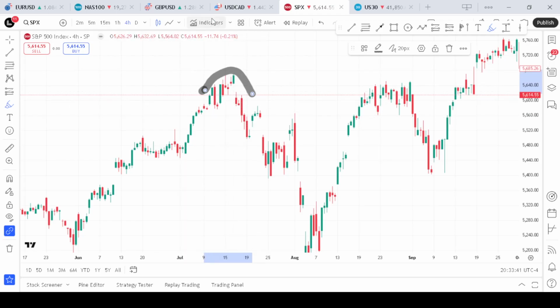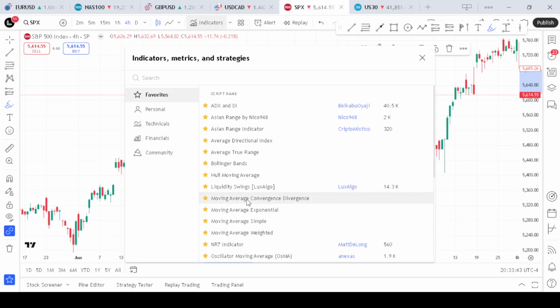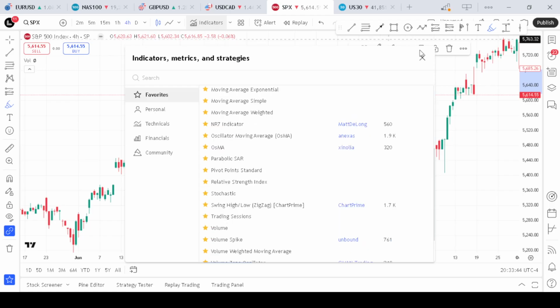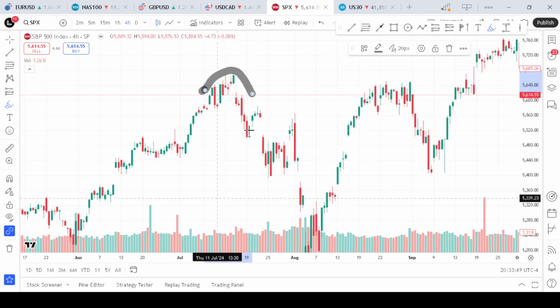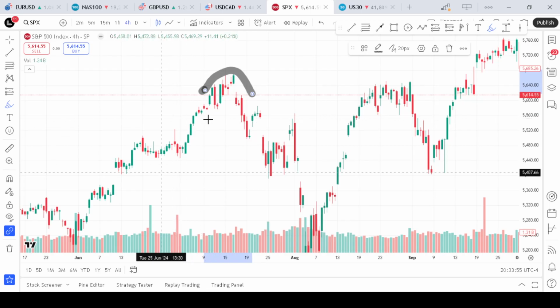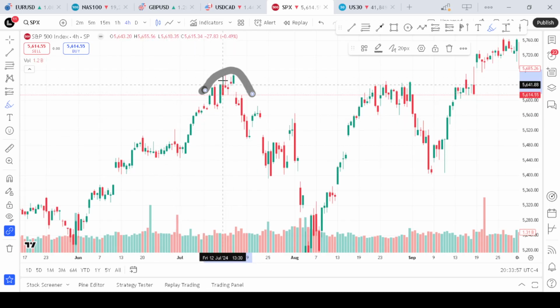We can also add our volume indicator to further validate this pattern. You will notice a declining volume as the market consolidates in this area.